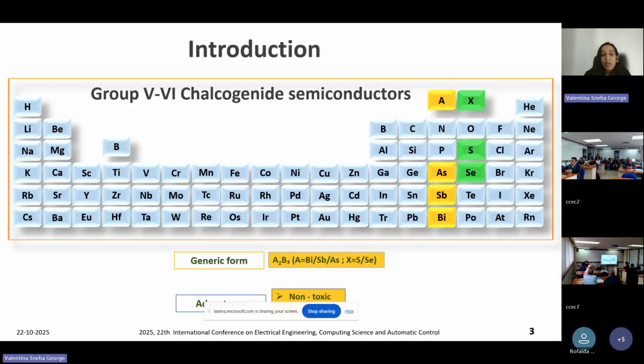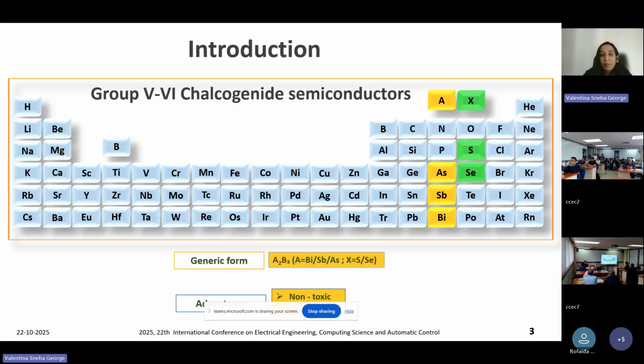Hence, we have proposed group 5,6 chalcogenides, which are recently gaining attention as an alternative for the aforementioned materials. These materials are earth abundant and non-toxic. These are of generic form A2X3, where A consists of antimony, bismuth, and X consists of sulfur and selenide.